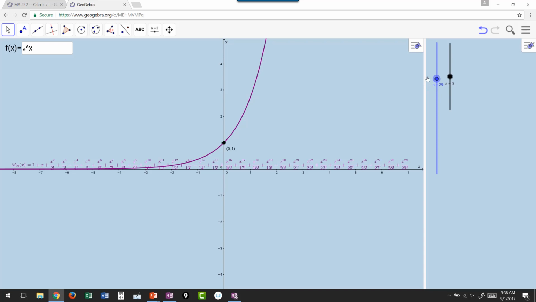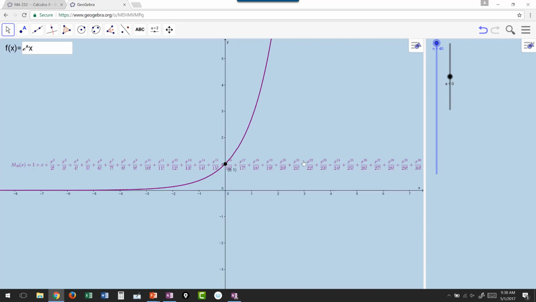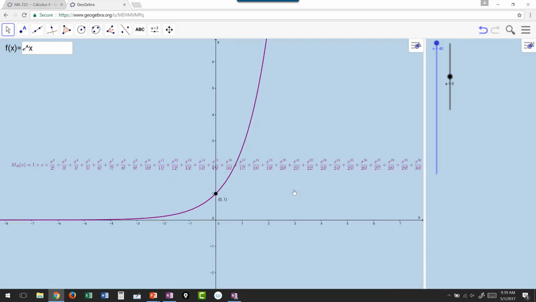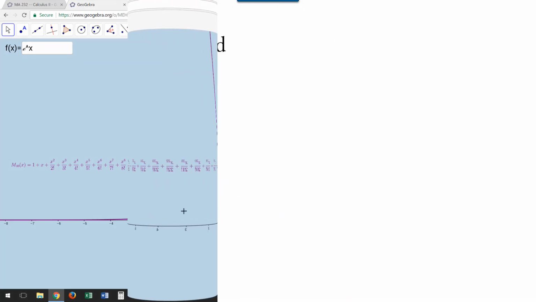Now the exponential grows too fast to really get a great picture for a large value of x, but here we can at least see that there is no apparent limitation on how well we can approximate e to the x or how far out we can do it. So for the range that we're showing here, minus 8 to 8, well, we don't see the whole thing, but for what we do see, the whole graph is covered so that it's indistinguishable from the Taylor polynomial that in this case has degree 40.